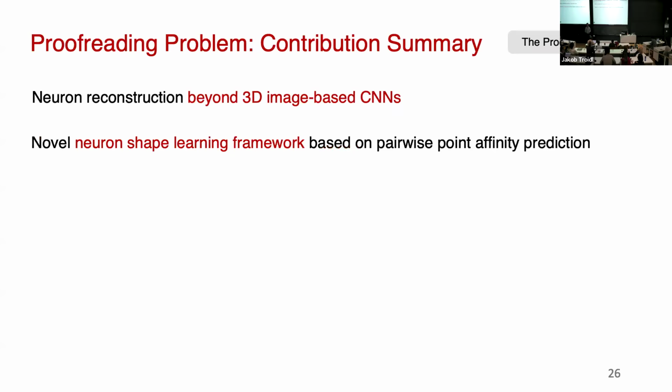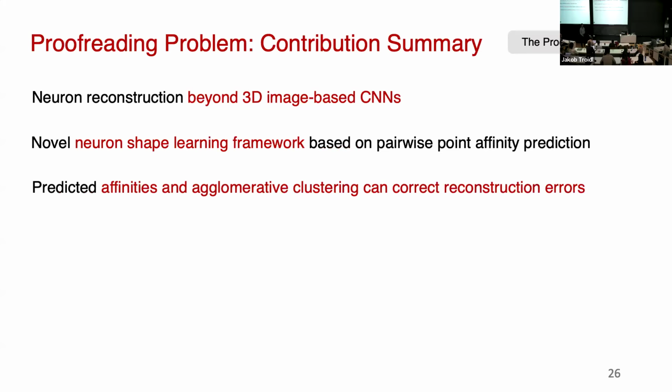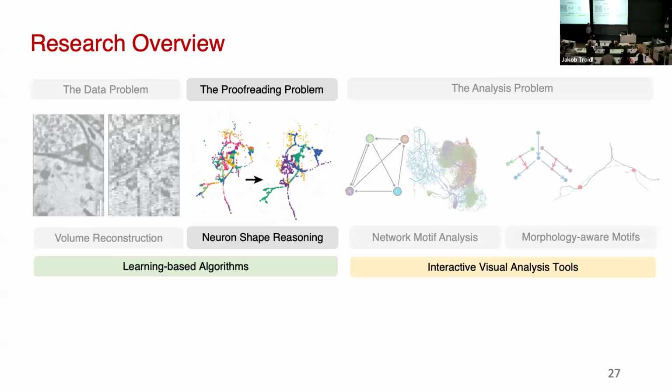We proposed a new neuron shape learning framework that is centered around this pairwise affinity prediction task. And then we applied this shape learning framework in combination with an agglomerative clustering approach to correct neuron reconstruction errors. All right, so that's it about the first part, tackling the proofreading problem.